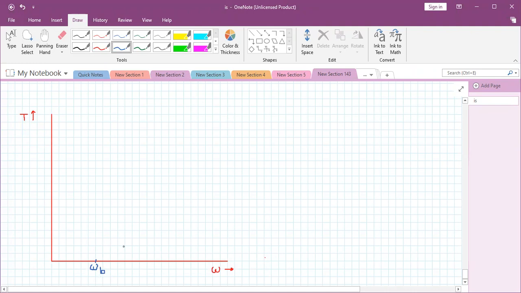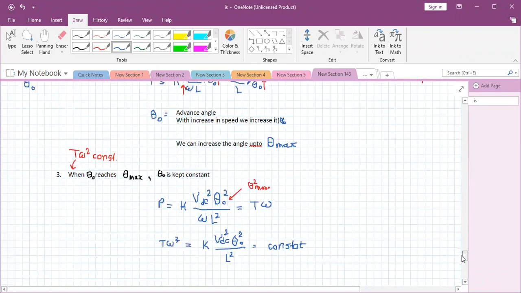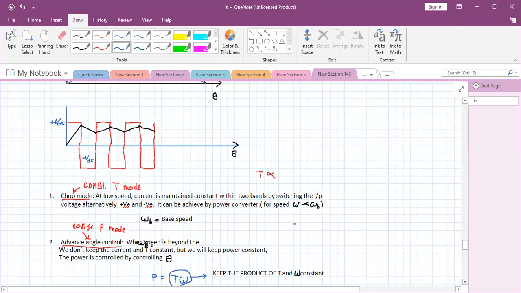Now, up to the base speed, what are we doing? We are keeping the torque constant. For speed less than omega b, which control strategy are we using? Why is it called constant torque mode?